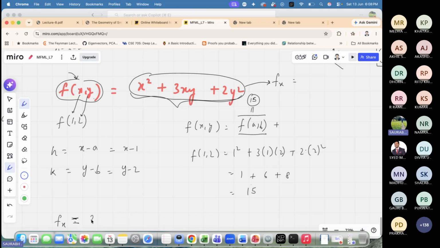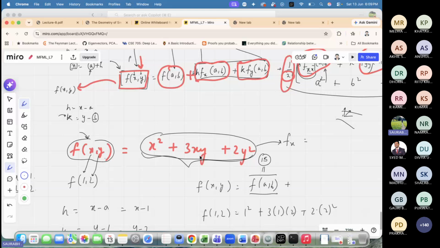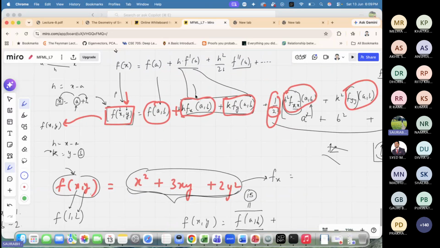And fy would be 3x plus 4y. Now for the second term, it is fx at (a,b).